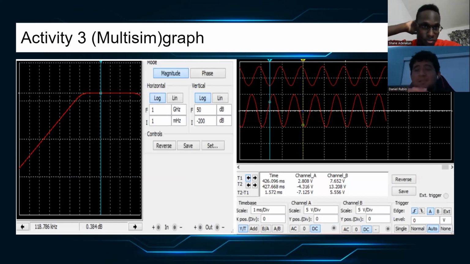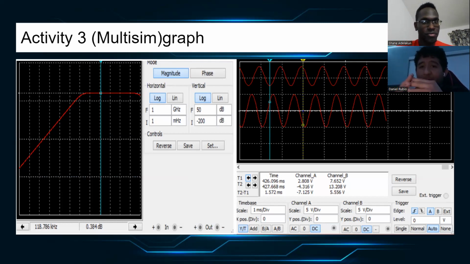This is activity 3, Multisim. On the graph on the left side, we have a slope going at a constant speed upward, proportional, where we have y equals x. In about three quarters of the graph, we have a constant speed going to 0.